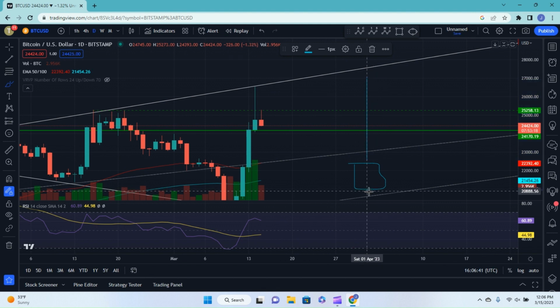And you can see like this one has a little bit of a wick, that's fine. So your shooting star candle is the exact opposite of your hammer candle. The shooting star candle shows that there is bearish pressure on the market as the sell pressure was too strong for the bulls to keep up with.